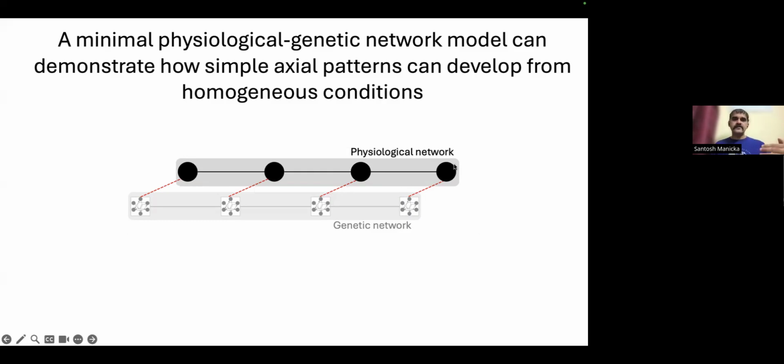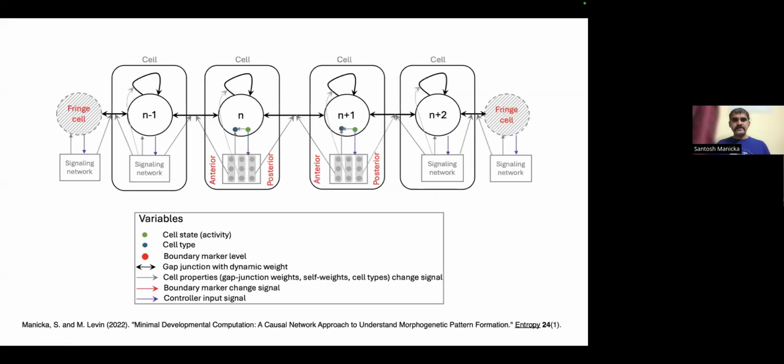The first layer is a physiological network. It's just a cell with a scalar physiological state. And then there is a genetic layer where every cell has a genetic network, a gene regulatory network that just looks like a neural network, to be honest. And it's the same GRN, so I will call these GRNs in each cell, right? And they all interact locally. They have short range connections.